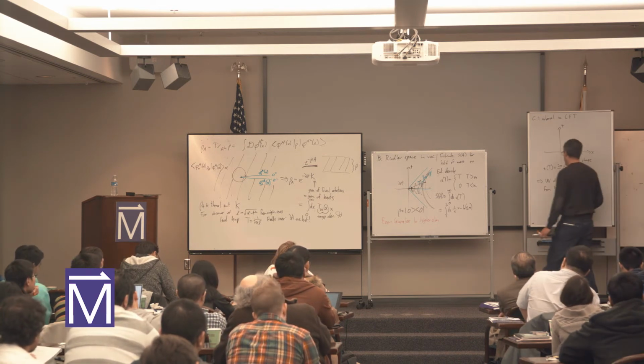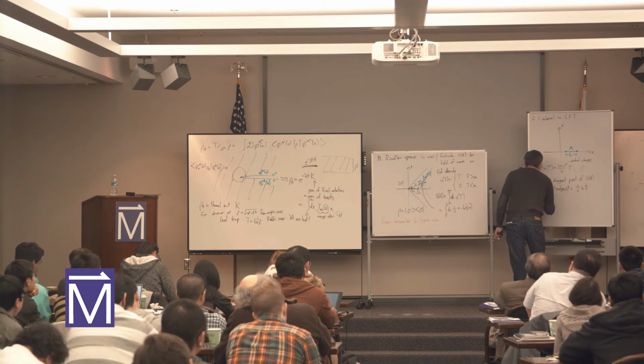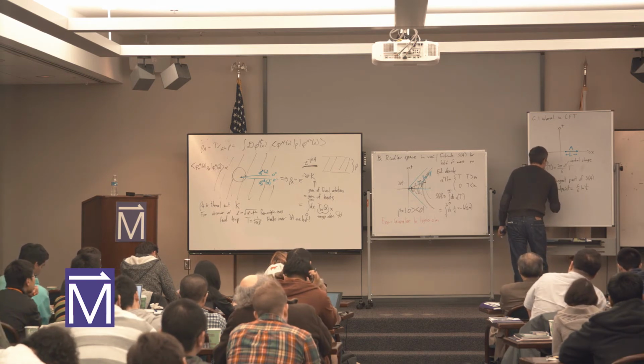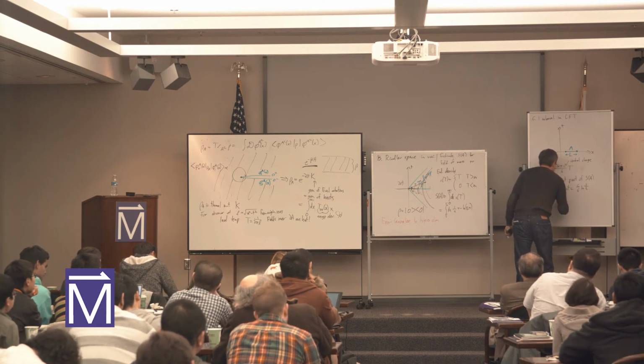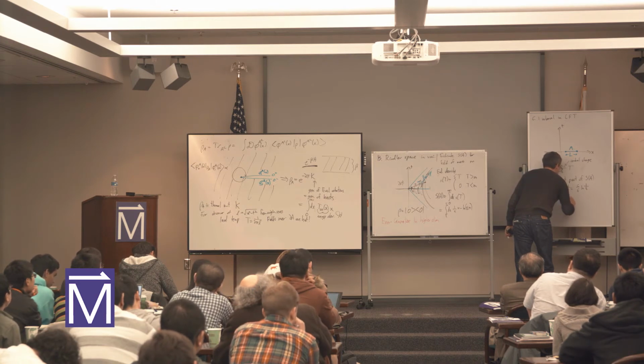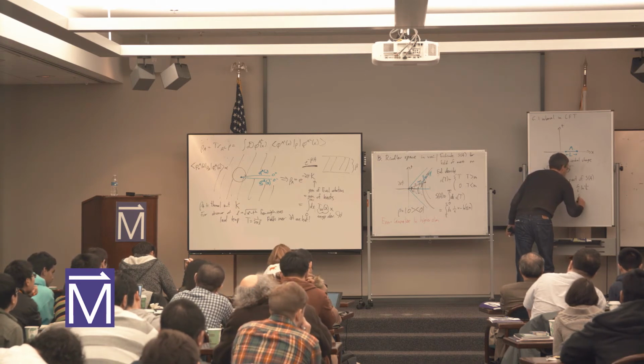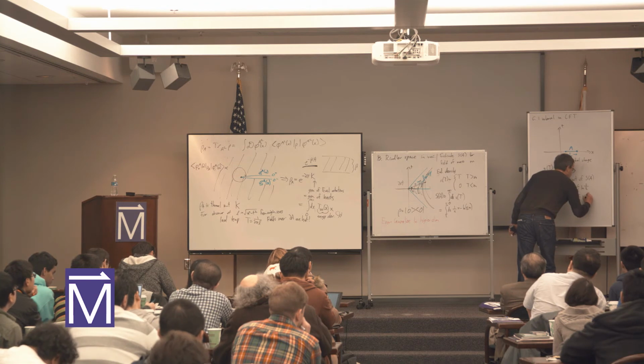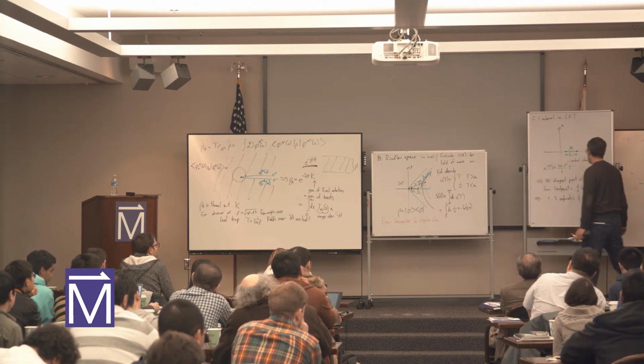Now we have 2 endpoints, so this whole thing from 2 endpoints is c over 3 log 1 over epsilon.